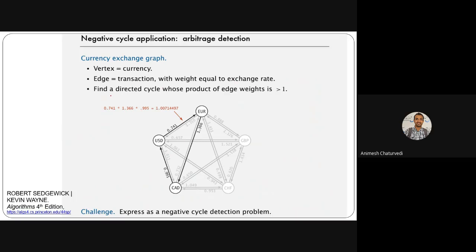You have the directed cycle having weights greater than 1. This is 0.7, 1.36, 0.95. And when you multiply all these things, you will get 1.007. So this is what you want to find: this type of cycle giving profit.